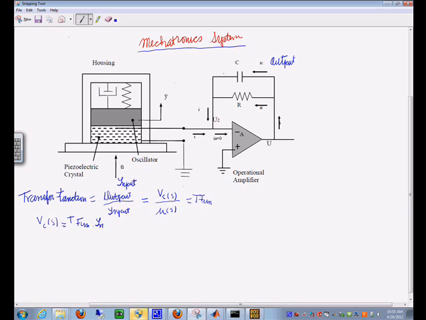Let's write down exactly what the input was, and that is this input U. So it's saying the output is equal to the transfer function times the input.